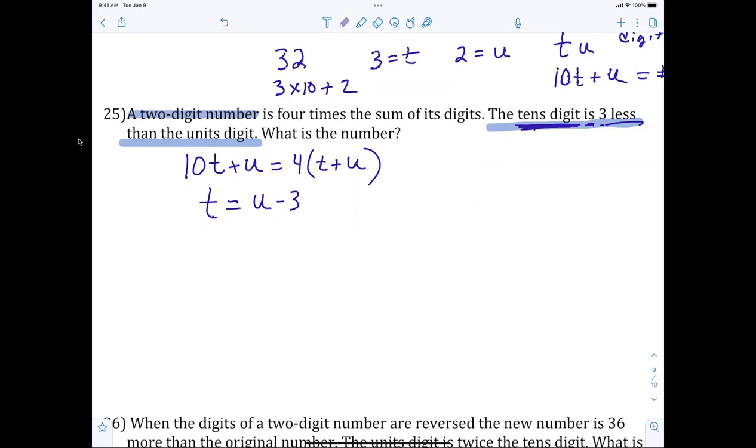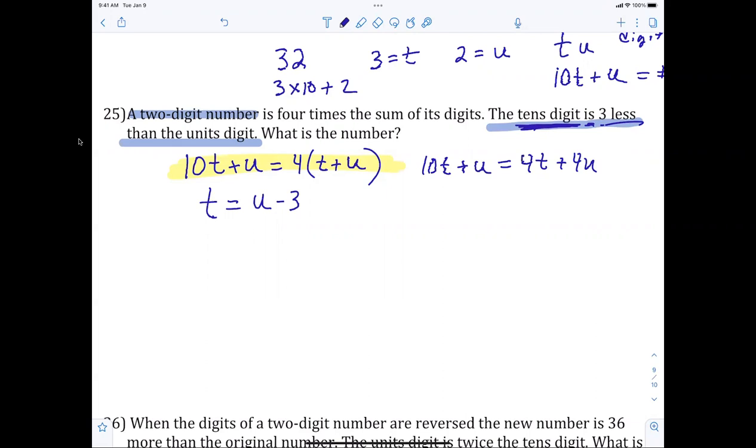Now, what I want everybody to notice is up here, please, that this problem up here can be simplified. Do we agree with that? Distribute. Let's everybody distribute. So I want 10t plus u equals 4t plus 4u. Is everybody with me on that?